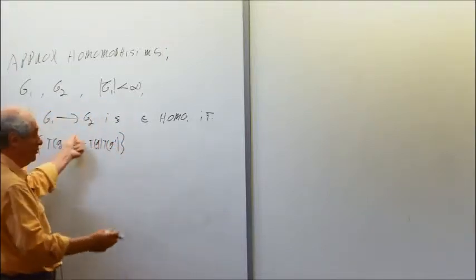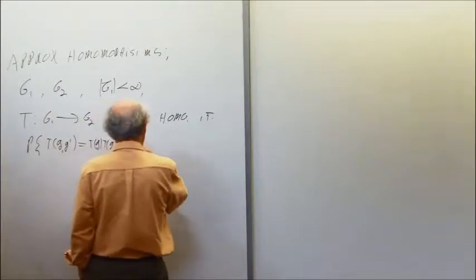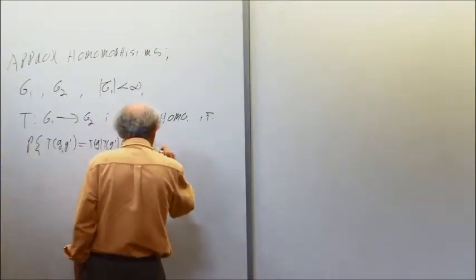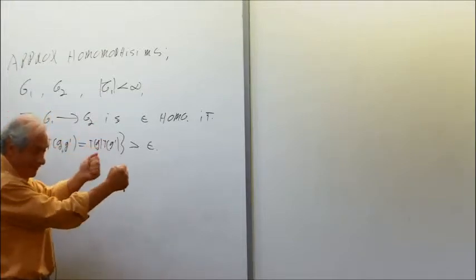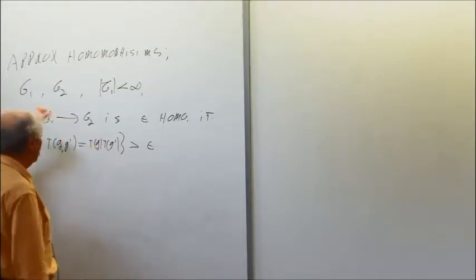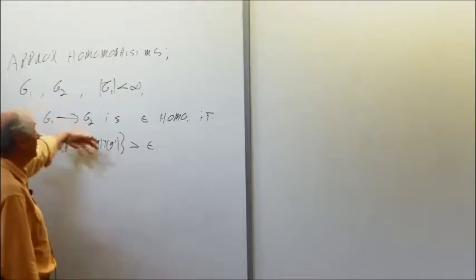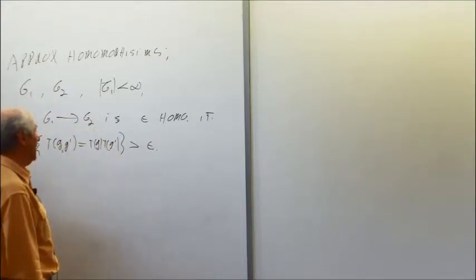Probability means under the uniform distribution. That's just the definition. So there's some chance that it behaves as a homomorphism for two elements picked at random in G1.